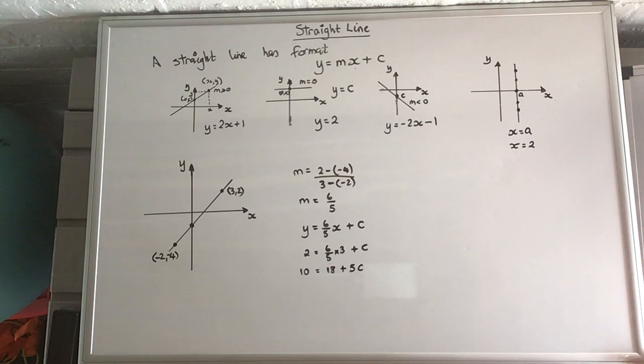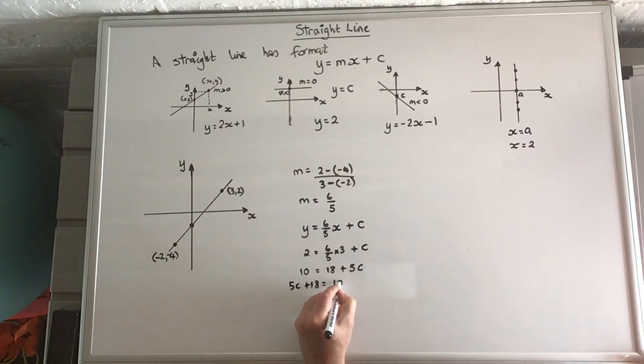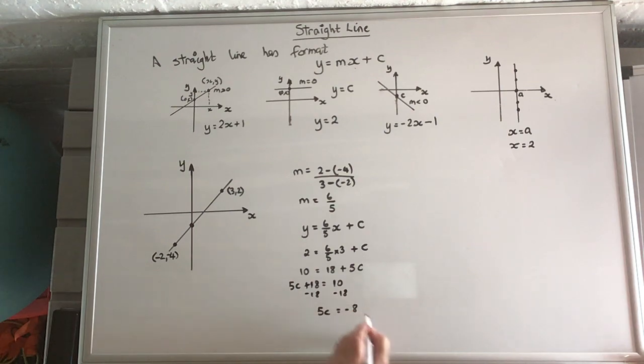Okay. Rearrange it, so just be careful again. Don't try and go too quick. So we've swapped it round, subtract 18 from both sides. So that gives me 5c is equal to minus 8. And divide through by 5.